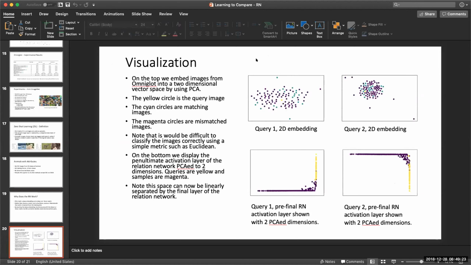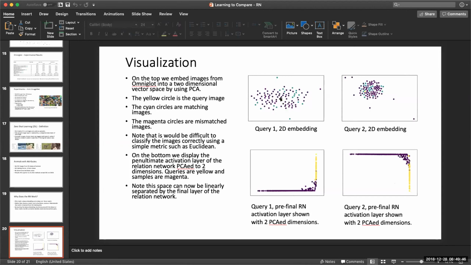These are the embeddings, which are high-dimensional, so we have projected them down using principal component analysis to 2 dimensions so they can be plotted.